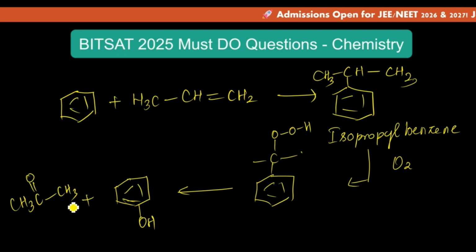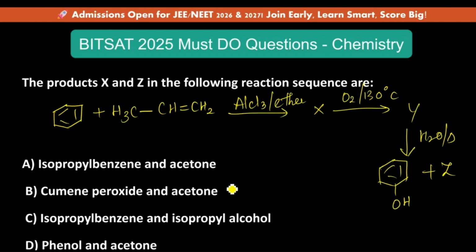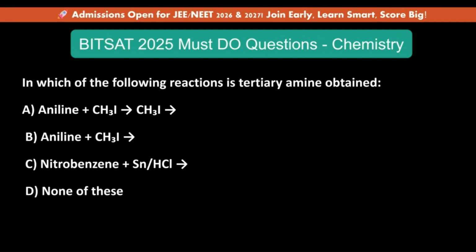Right? So the answer will be isopropyl benzene, that is X. Y is cumene peroxide. They are asking Z, that is acetone. So A is your correct answer.